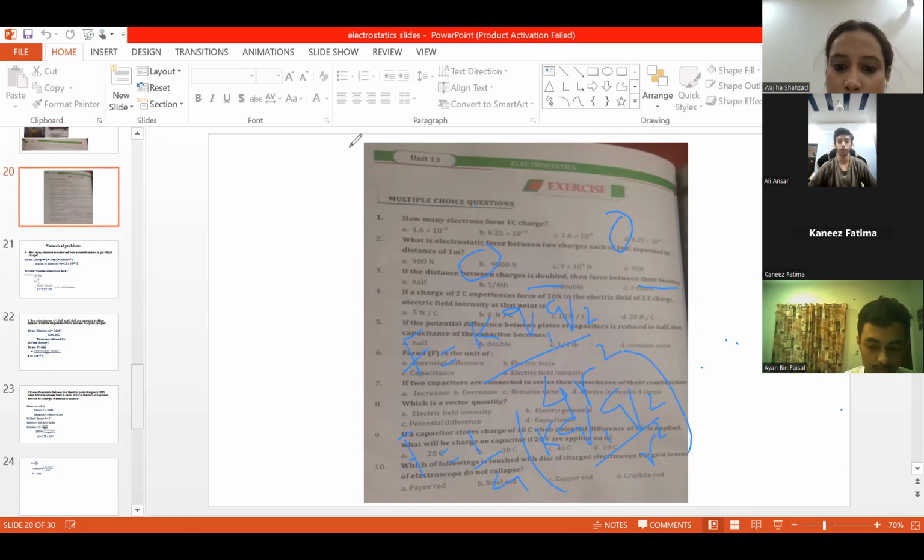So again, this is the value of electrostatic force. So it is equal to 1 by 4. So it shows that if we double the distance between two charges, if we increase the distance between two charges, the force will be 1 by 4. So the right option is option B. Mark the option, circle the option B.